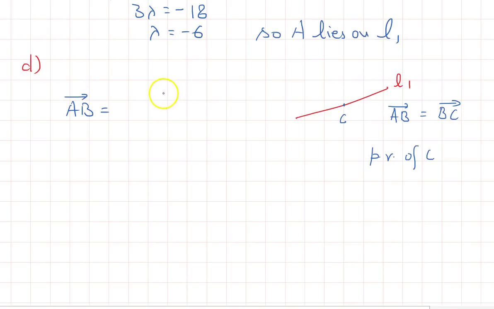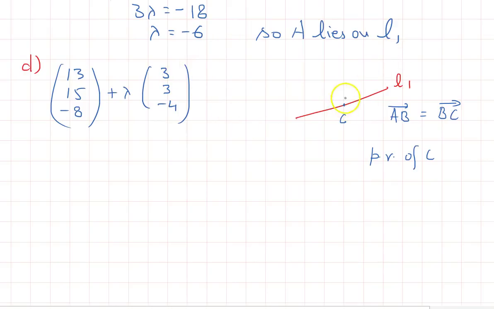So the line L1 is 13, 15 and minus 8, plus lambda 3, 3 and minus 4.